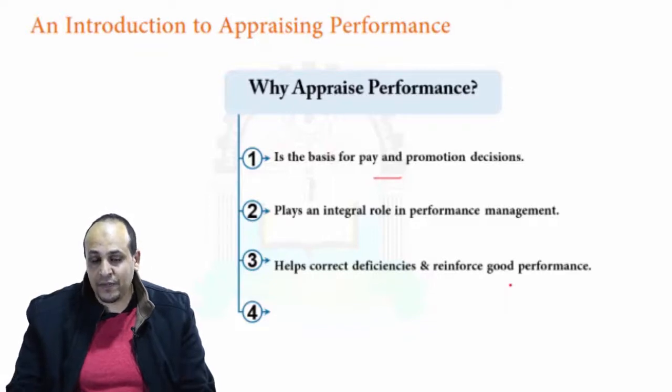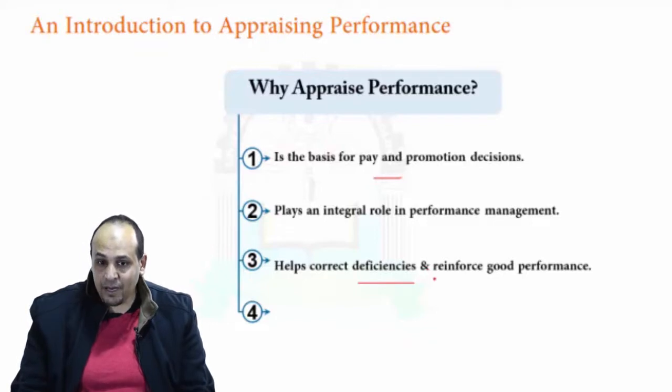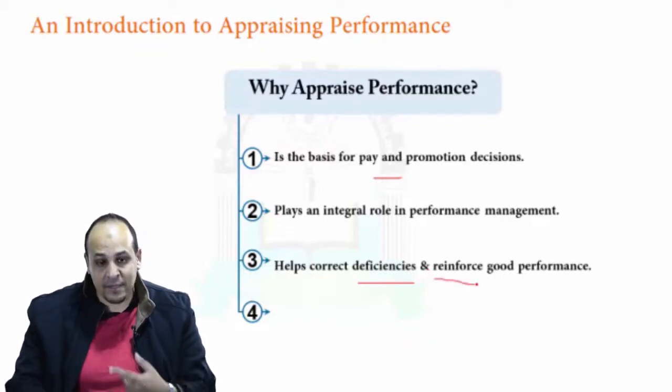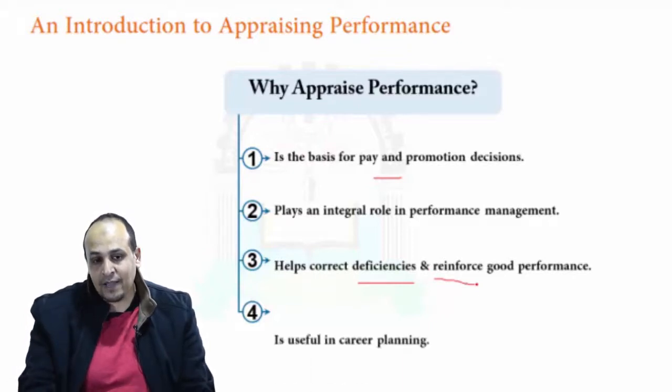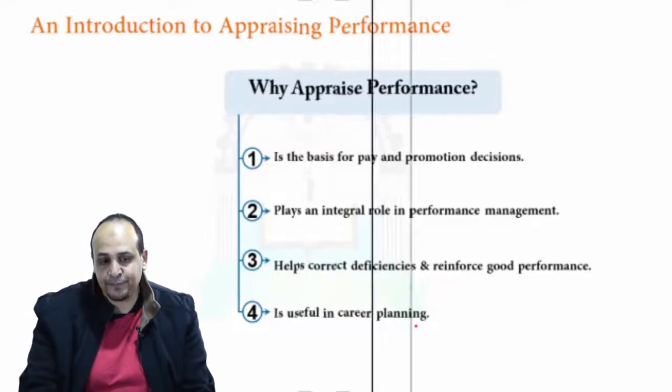So regardless of the outcome, if it is negative, they come up with trainings to correct such deficiencies or to eliminate such problems. And at the same time, they should also reinforce good performance so that it happens again and again. And the last one, of course, is that it is useful in career planning. Decisions about this issue will be quite accurate considering the outcome of the performance appraising.